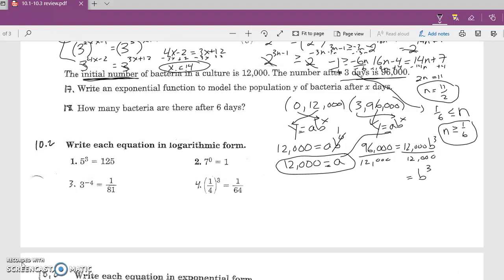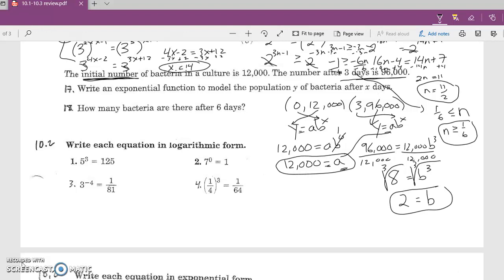the 3rd equals 8. And how do you get rid of a cube? Well, you cube root it. We learned that back in chapter 5, I believe it was. And we get b equals the cube root of 8, which is a perfect cube. It just turns out to be 2. Now, if it wasn't a perfect cube, I would put it in a calculator and get a decimal approximation for that.